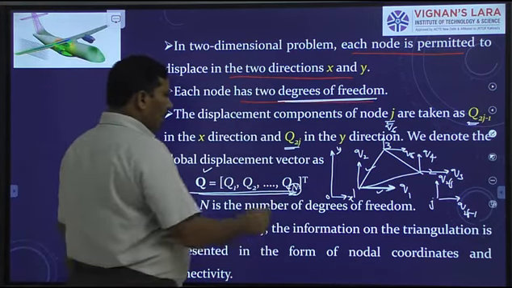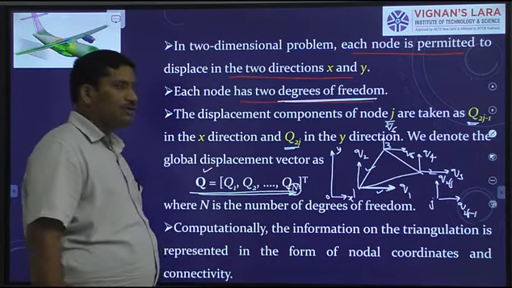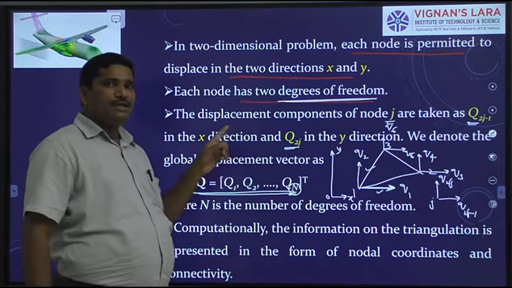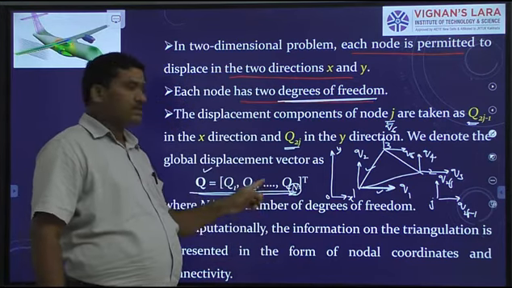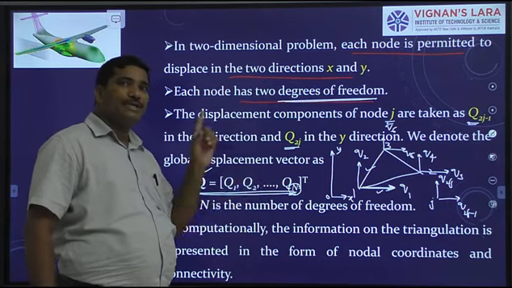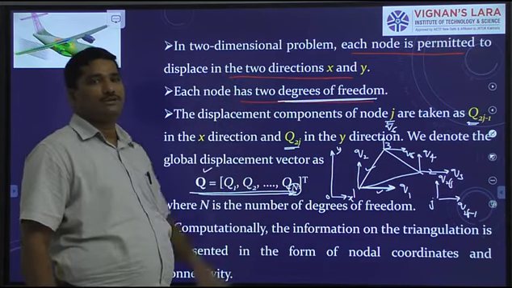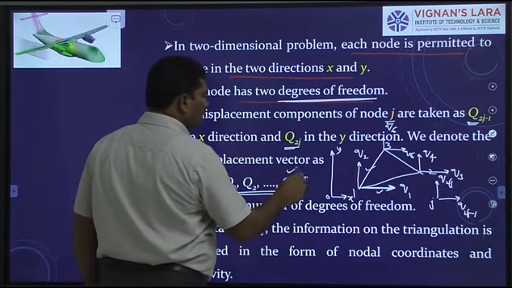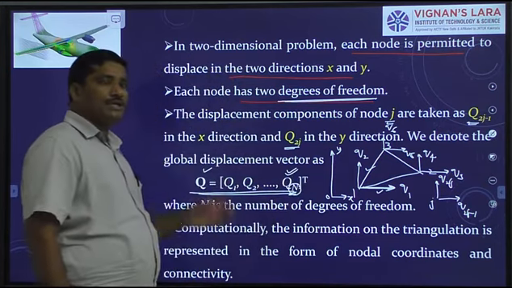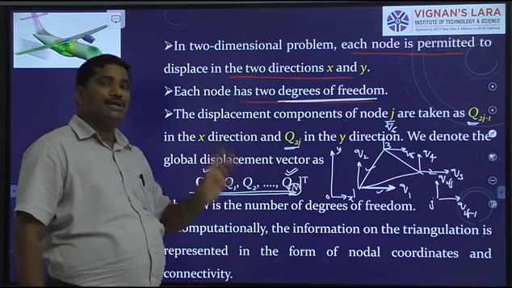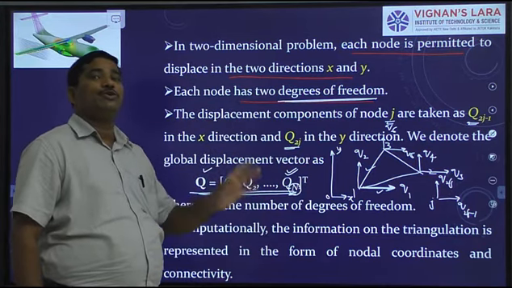And Qn denotes therefore the degree of freedom that takes place in the direction of y-axis at the corresponding node.